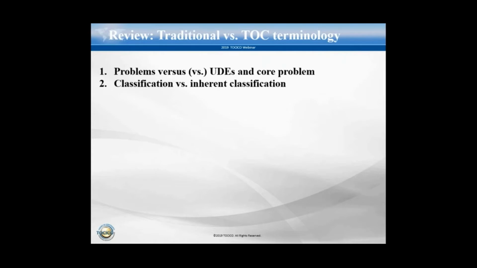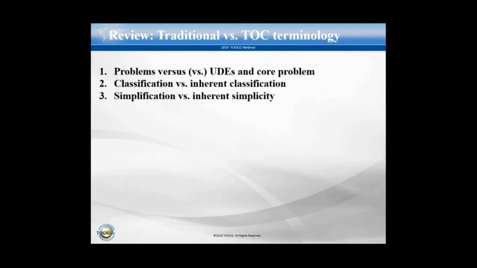The term classification and inherent classification. People talk about classification all the time. In TOC, we talk about inherent classification. I'll define that shortly. People also simplify problems, researchers, academic researchers in particular, so that it can be solved with mathematics.